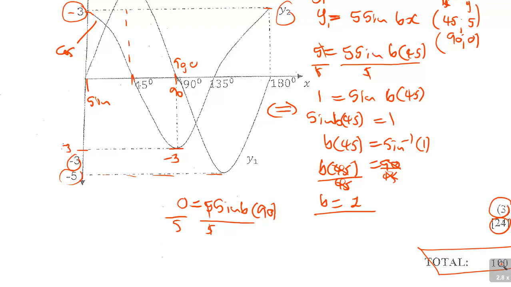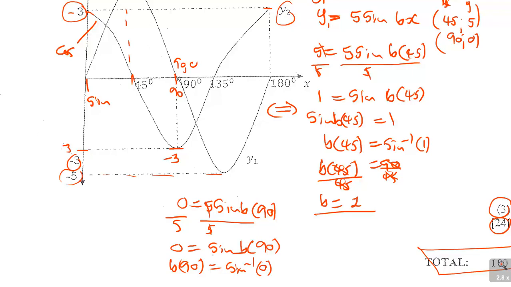Say 0 is equal to sine b90. So b90 is equal to shift sine 0.